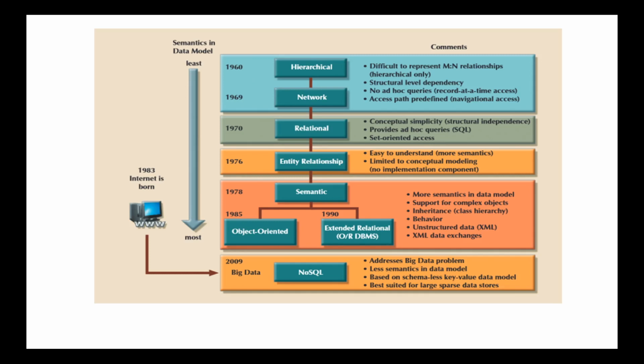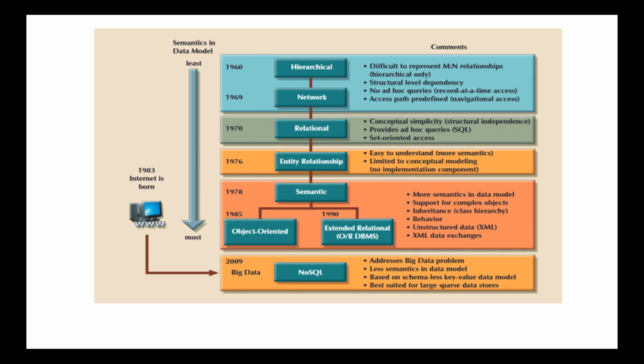Just see the hierarchy of all data models in a single diagram. Those are the data models from least to most semantic, from the 1960s to 2009. First, the fundamental data model for the development of all data models was the hierarchical data model.